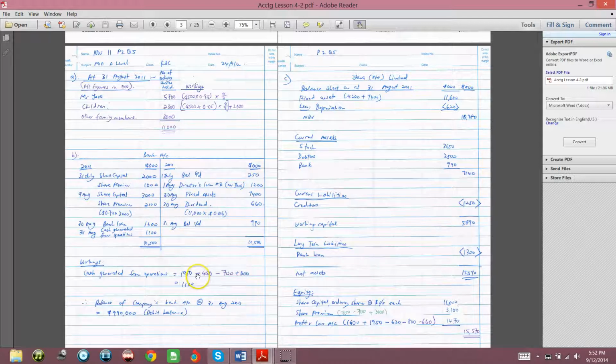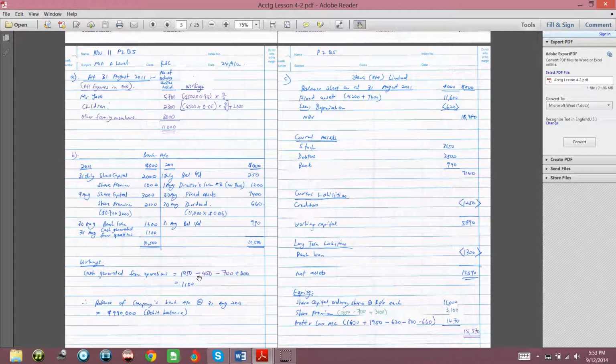So the increase in stock would have caused a cash outflow, because we made a profit of 1,950, but the stock has increased by 450,000. The increase in stock will be a cash outflow that reduces your profit. Some of the profit you have made will be taken away by the increase in stock.